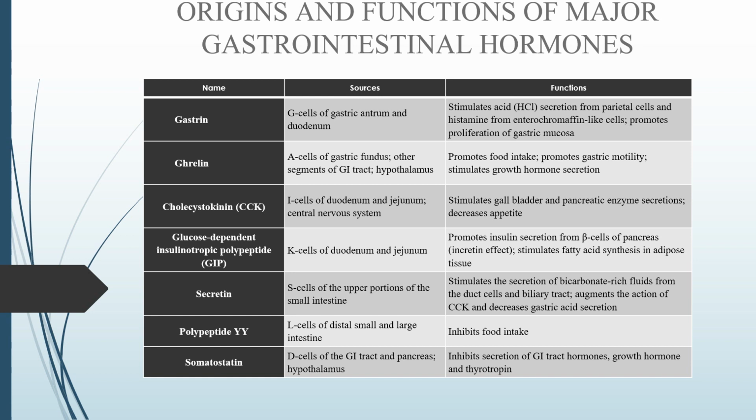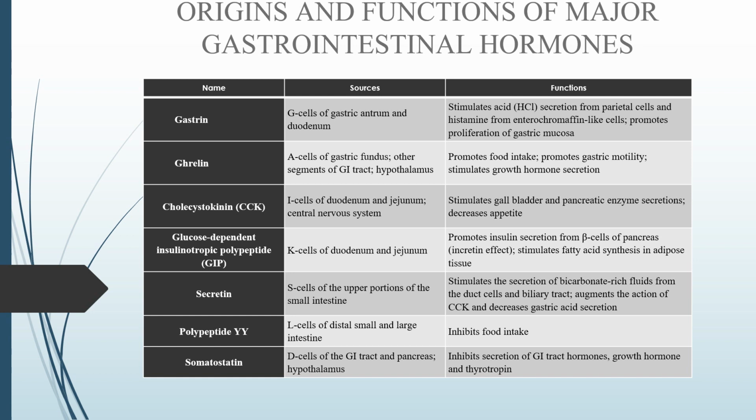Another hormone is secretin. The source of secretin is S cells of the upper portion of the small intestine. Its function is to stimulate the secretion of bicarbonate-rich fluids from the duct cells and biliary tract, augment the action of CCK and decrease gastric acid secretion. Next hormone is polypeptide YY.